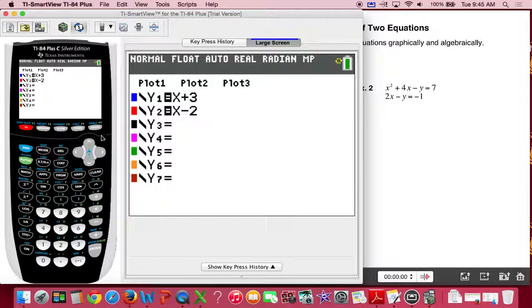Or what you've been used to in the past, what if I made this 2x plus 6? Oh no, let's go back. So let's make this 2x minus 4.